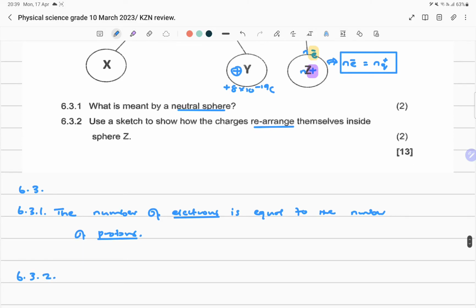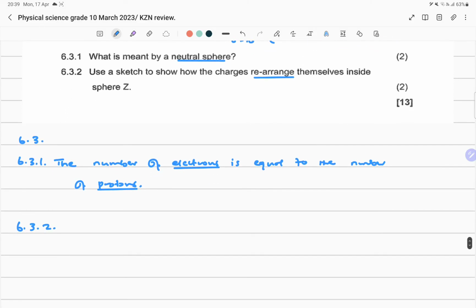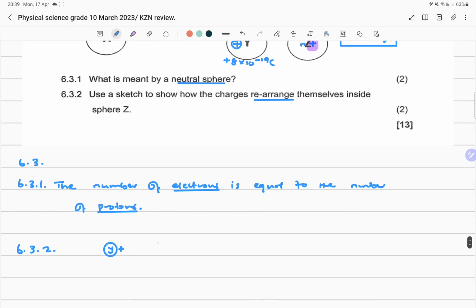So basically, they will arrange such that we will have, if you think of Y here, Y is positively charged, isn't it? And then now we know that Z here is basically neutral. So what will be happening here is that the negative charges are going to be more on this side. I don't know how you're going to show that.